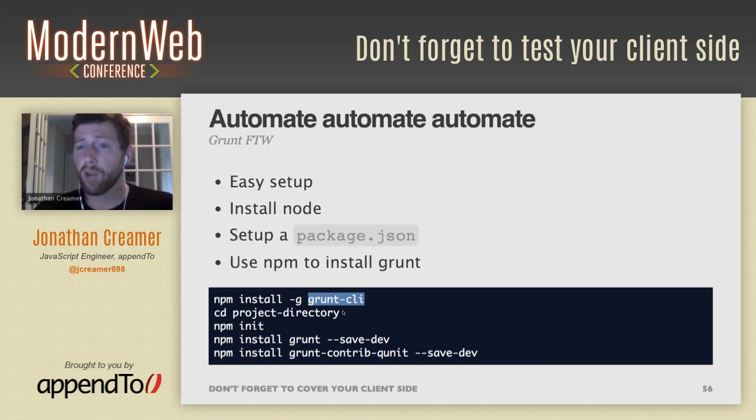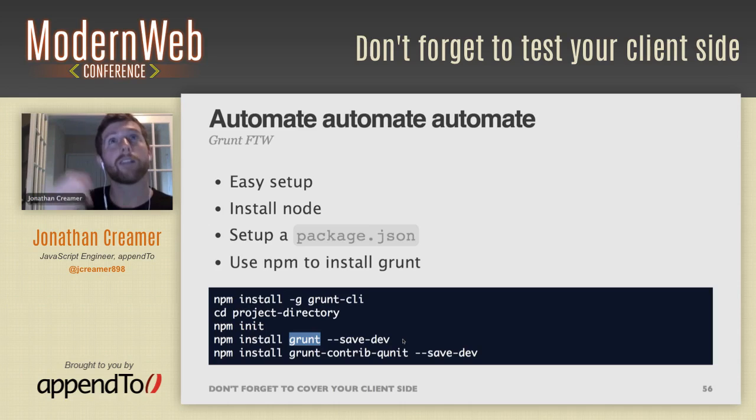You want to create your project directory and get started with an npm init, and this is where you'll get your package.json generated. And the reason that I like to use the package.json is because when you do npm install of Grunt, you could do --save-dev, and it'll add a record to your devDependencies in your package.json, and allow you to know what version of Grunt you were using for that project.